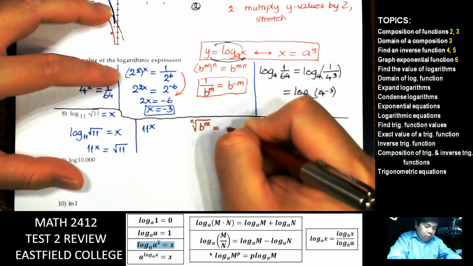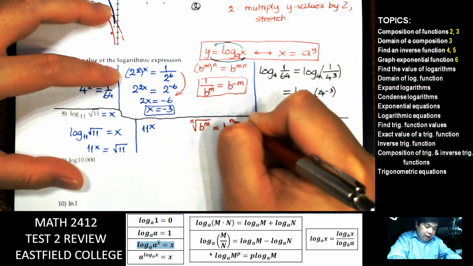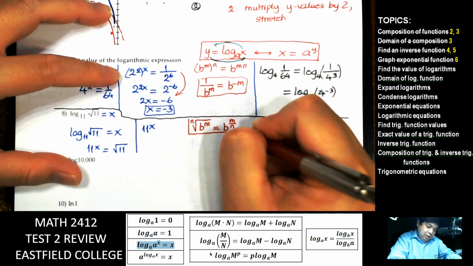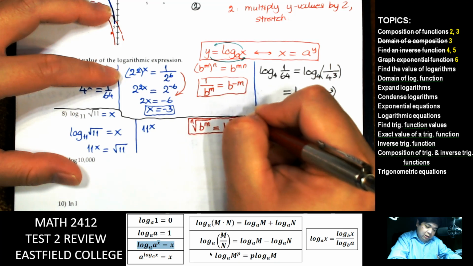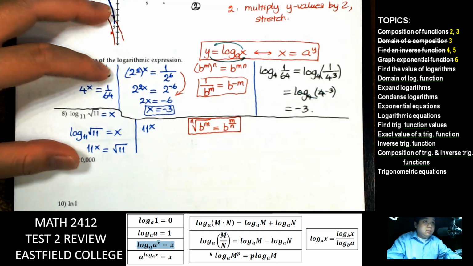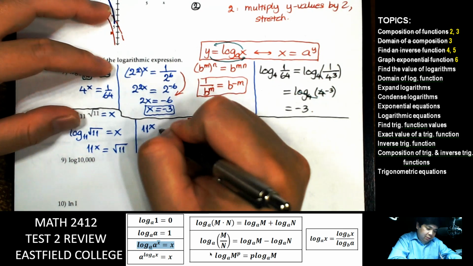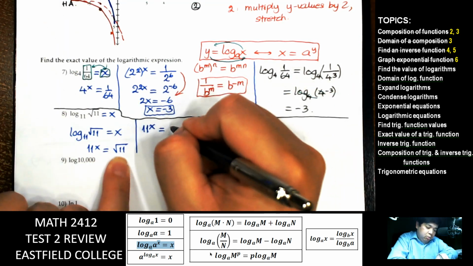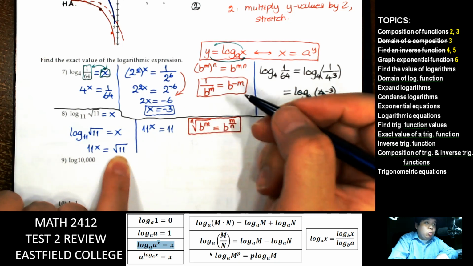When we have b to the m over n, this property will allow us to write the square root.